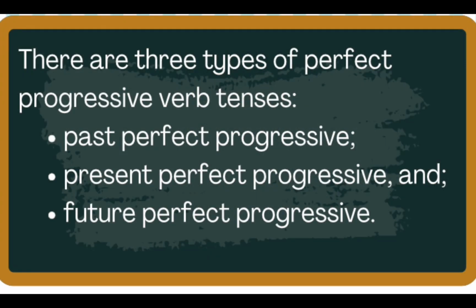There are three types of these tenses: past perfect progressive, present perfect progressive, and future perfect progressive.